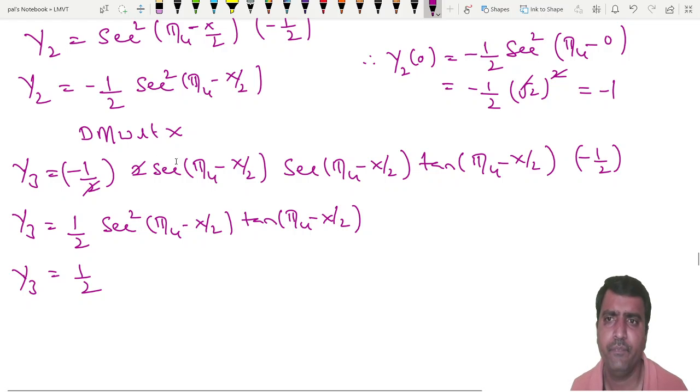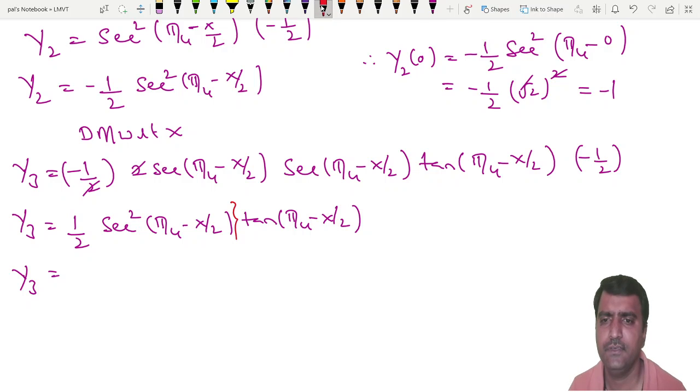So you can write this as minus y2. We are grouping like this. You can take minus and minus here.